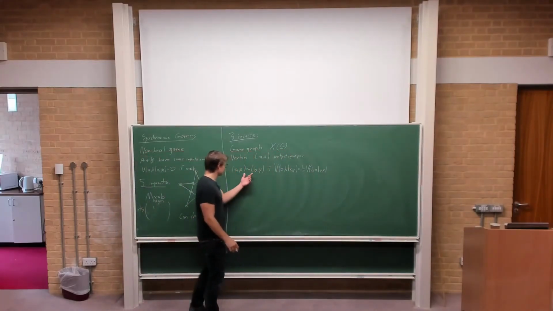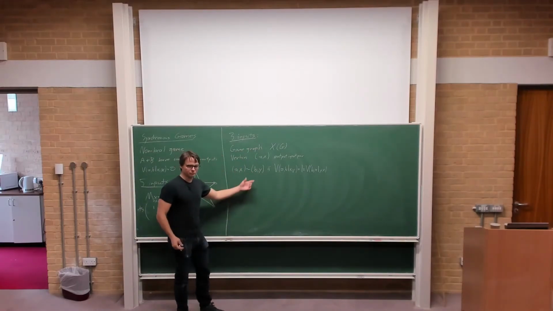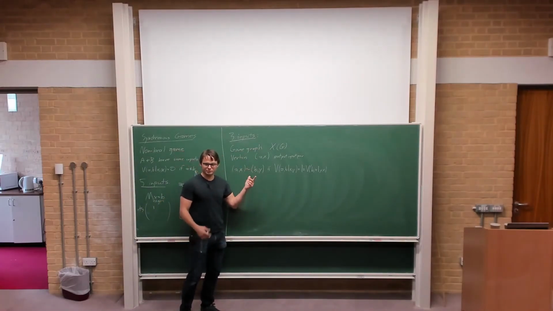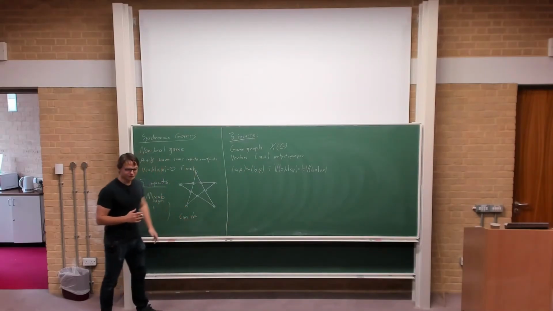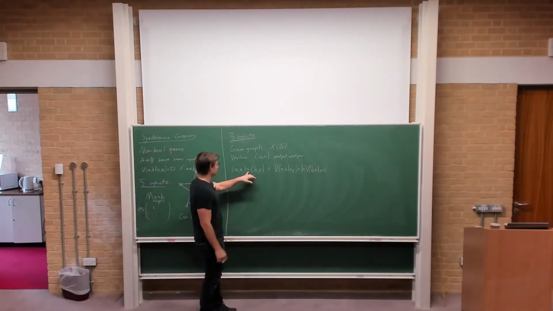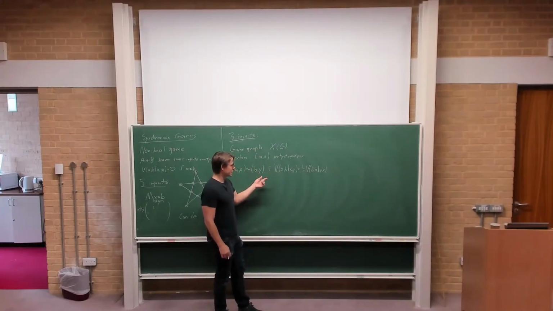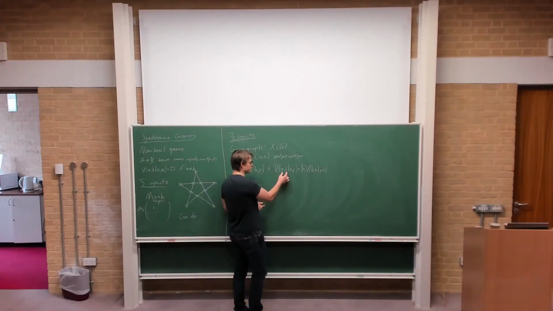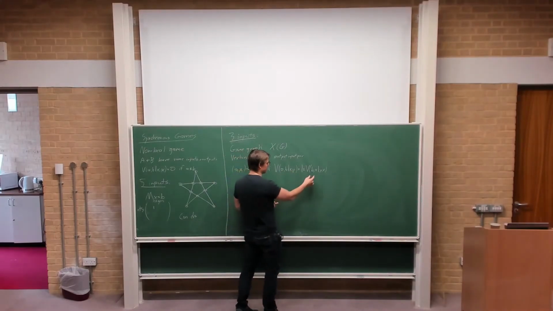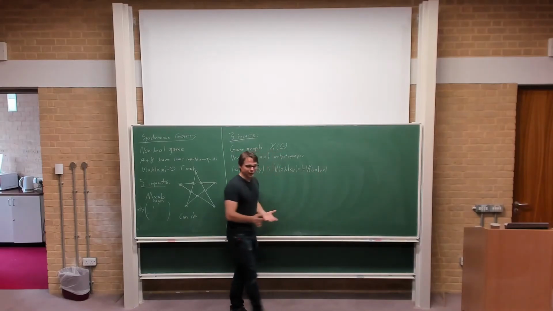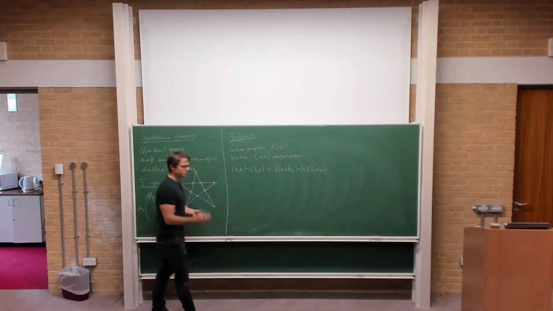Of course, it's a graph, so it's undirected, so I have this if and only if the reverse anyway, so I guess I didn't even need to write that technically. But if I wanted to really make it clear that it's not a directed graph, then I need both these things. The reason is that if I have a synchronous game and a perfect quantum strategy for it, then if it's possible to output A, B on inputs X, Y, it's also possible to output B, A on inputs Y, X, because the players are essentially symmetric.